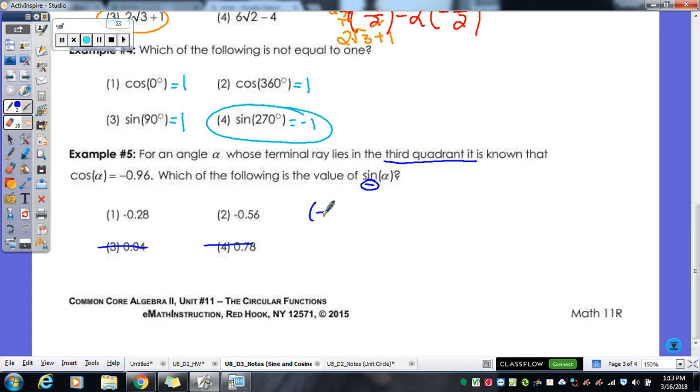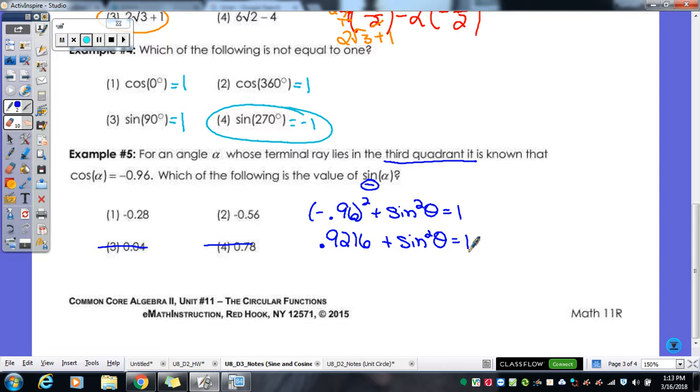So then we're going to use our cosine squared plus sine squared equals 1. So let's use our calculator. -0.96 squared. And then what do we want to do?